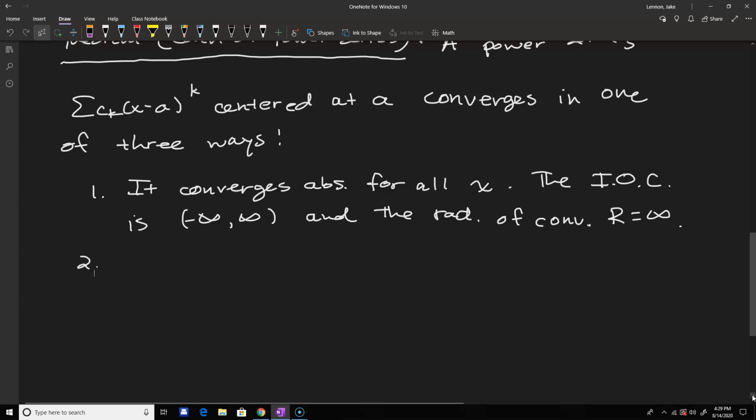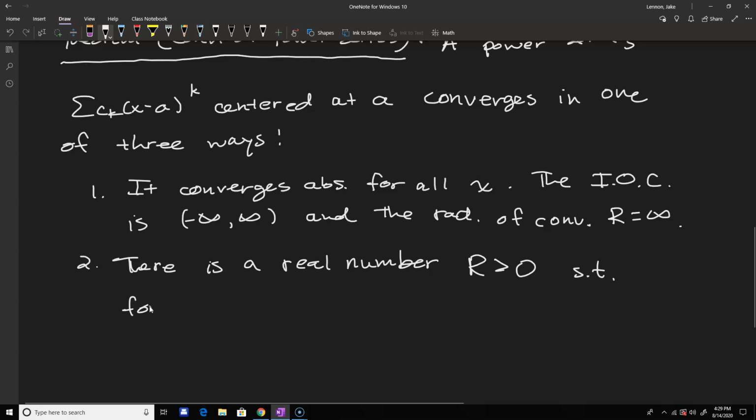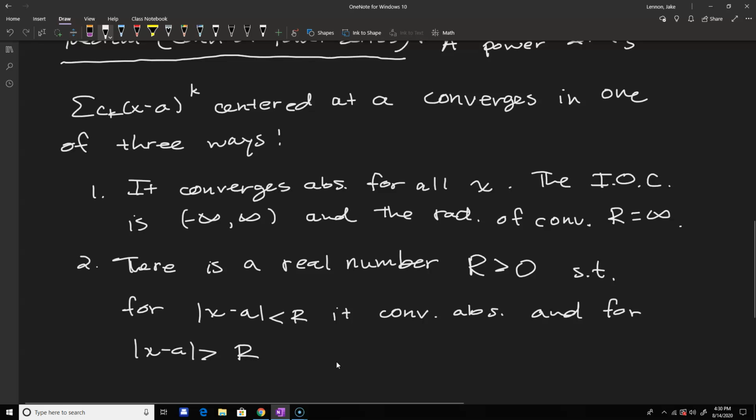Two, there is a real number capital R, which is again our radius of convergence, greater than 0, such that for the absolute value of x minus a less than R, it converges absolutely, and for the absolute value of x minus a greater than R, it diverges.